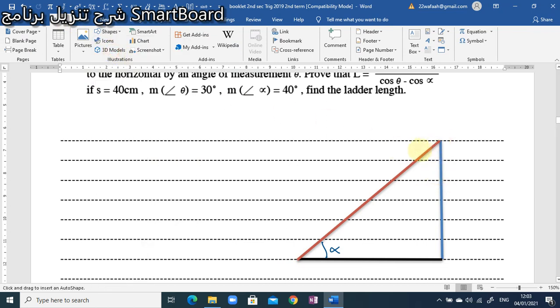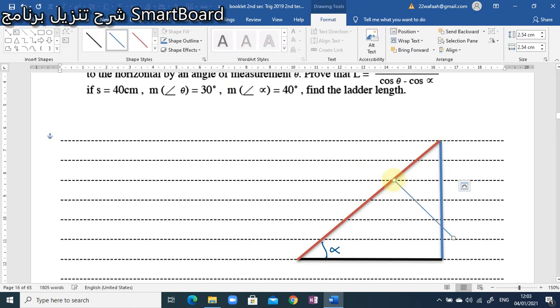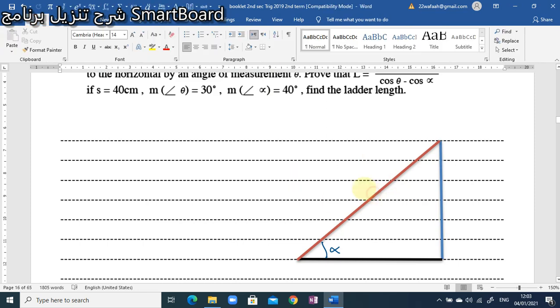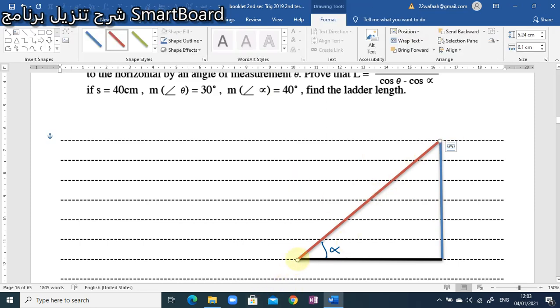We can move it here. This will move S meter like this, and this will be like this. This moves S meter and this moves down.